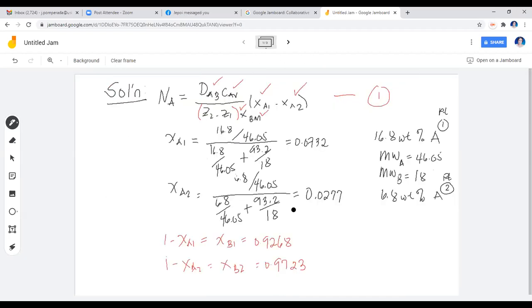That would be 100 minus 16.8. So that's, oh, you did not correct me. 100 minus 16.8 is 83.2. So everything here is affected. So this is 83.2. This is 83.2. So this will change.